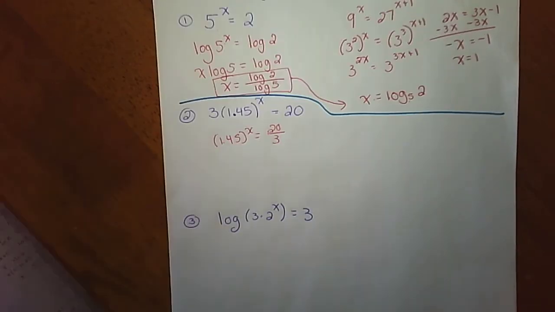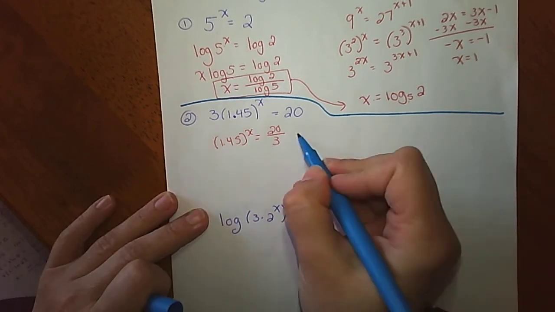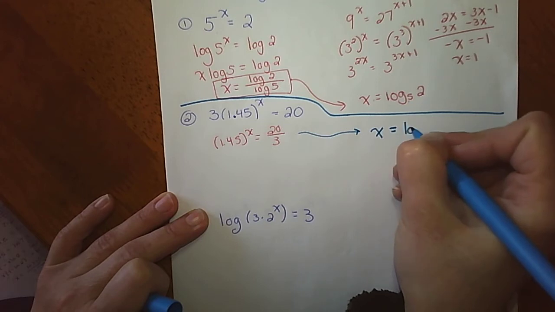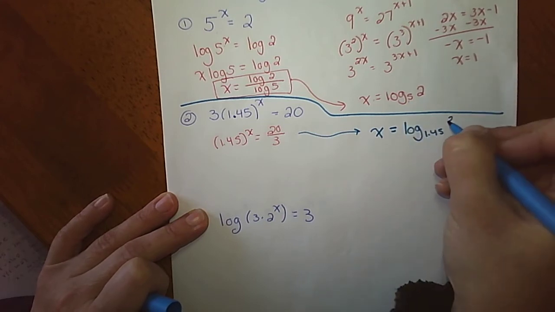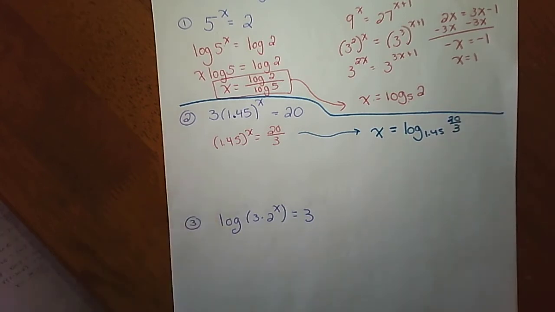Okay. Now at this point you could write this as a log. So one solution could be x equals log base 1.45 of 20 over 3. That's an acceptable answer sometimes. And again, next year on the AP and things, that could be multiple choice.